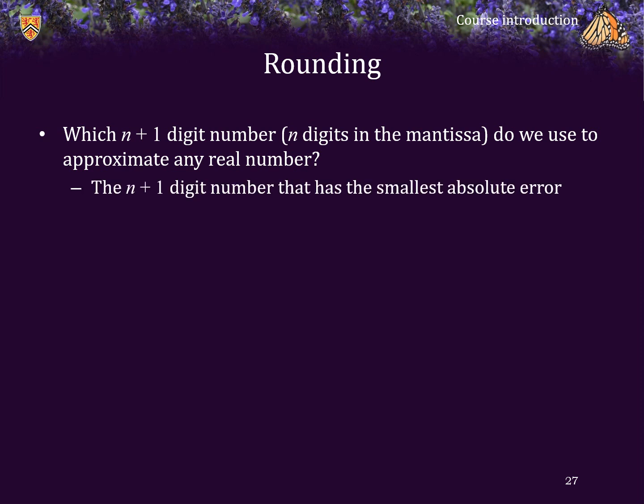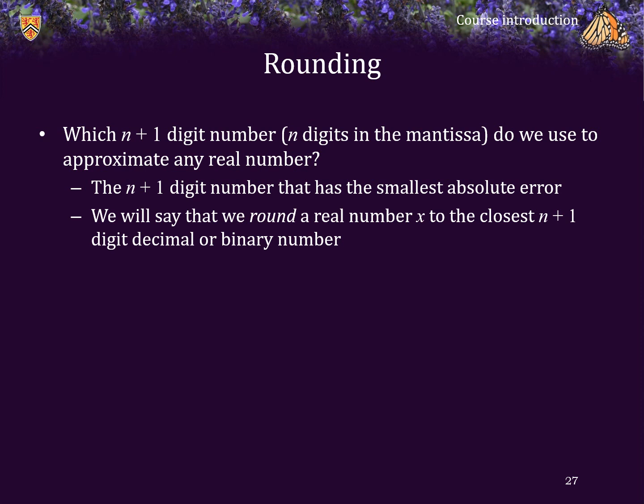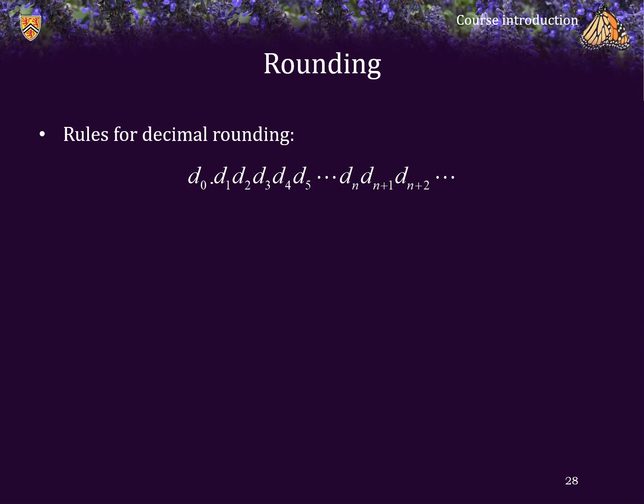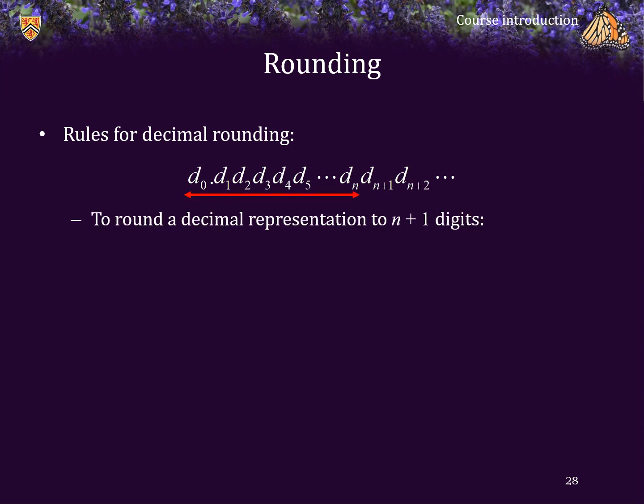Well, what we'd really like to do is find that n+1 digit number that has the smallest absolute error when compared to the actual number we are attempting to approximate. We will say that we are rounding a real number x to the closest n+1 digit decimal or binary number. The rules for decimal rounding are as follows.